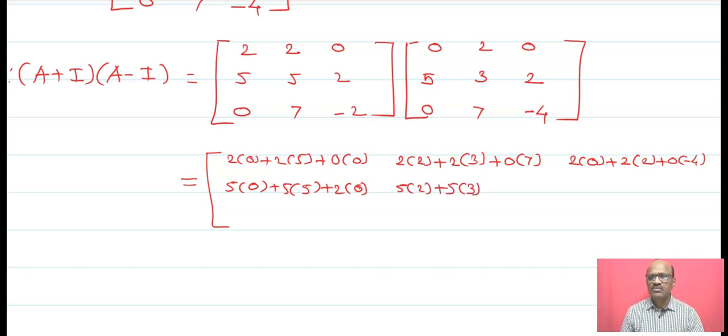Second row, second column. Now see this. Second row, third column multiplication is carried out. Third row, first column. Third row means third row of the first matrix. First column means first column of the second matrix.